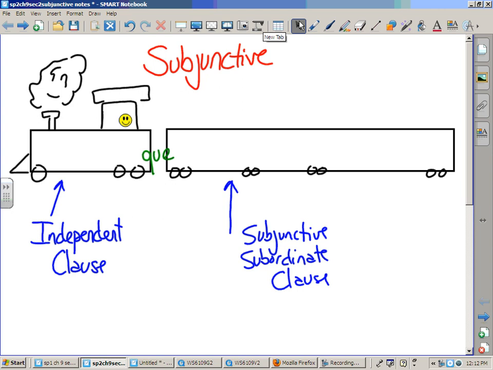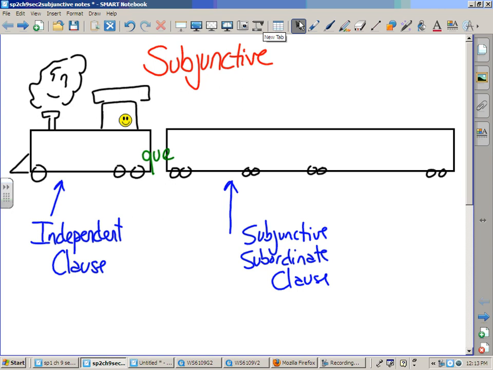It can't go by itself. So the reason I use the train analogy, if you put the cars on the track, they can't go by themselves, right? An engine, yeah, it could go by itself. When we put all these together, we hook it together with the word que, everything can go. Okay, so that's kind of a way to remember and look at this.